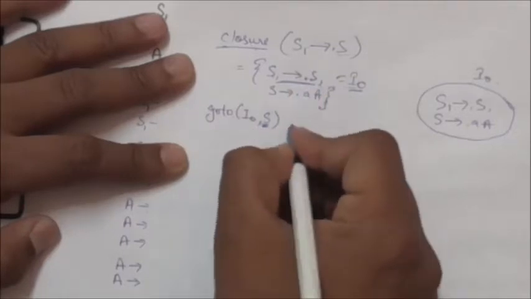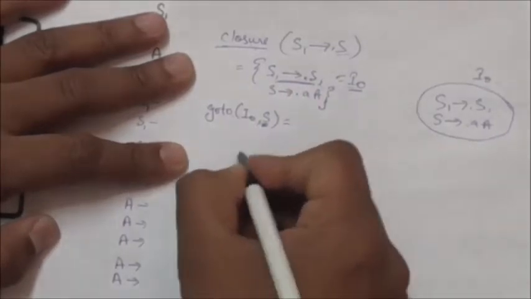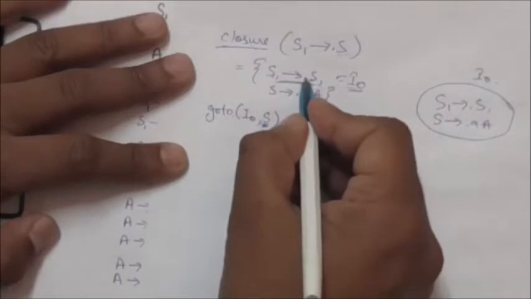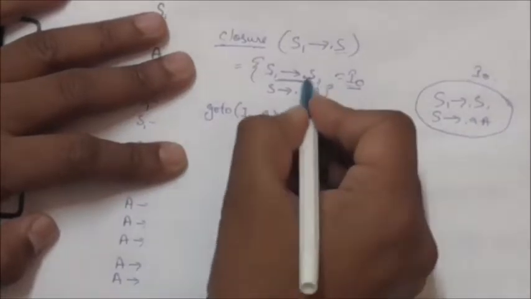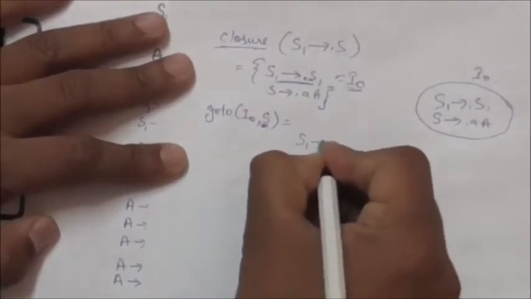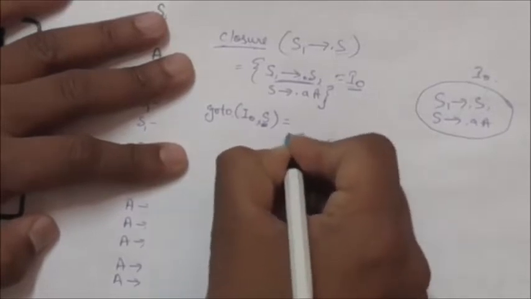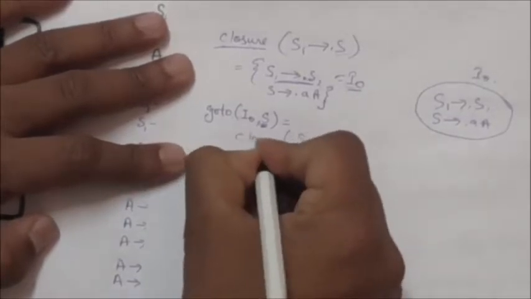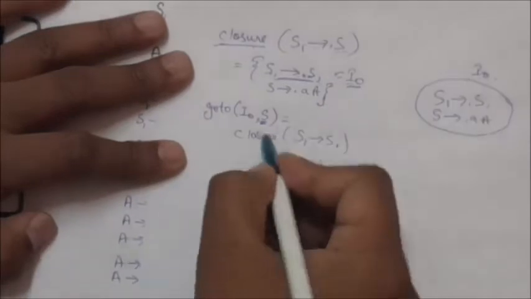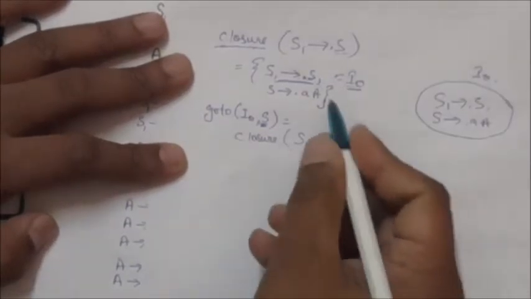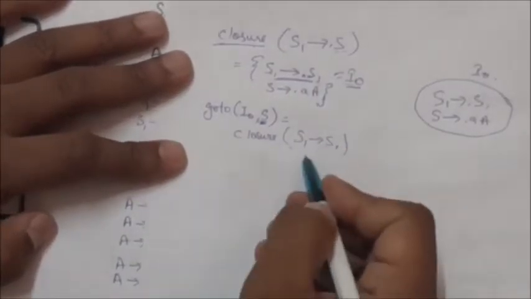So we will shift this dot immediately after the symbol S, giving S1 derives S dot, and then we will find the closure of the item we get after shifting the dot.